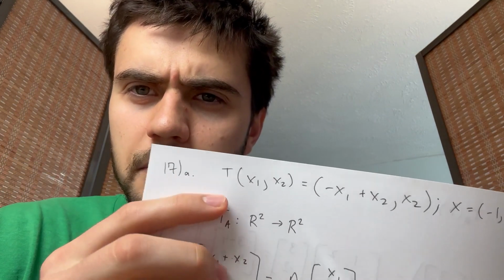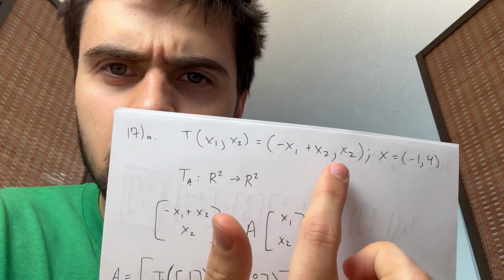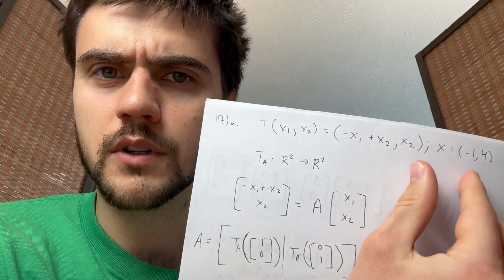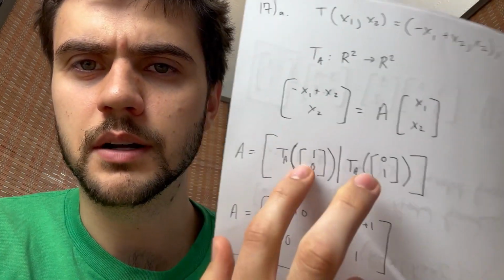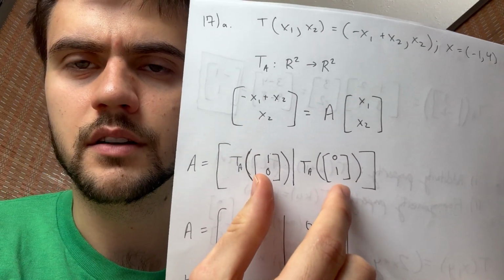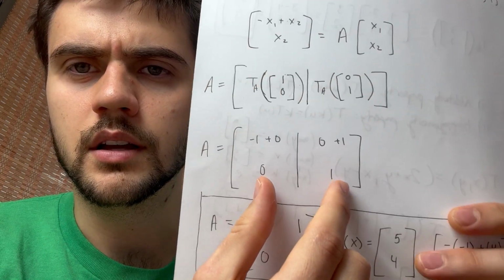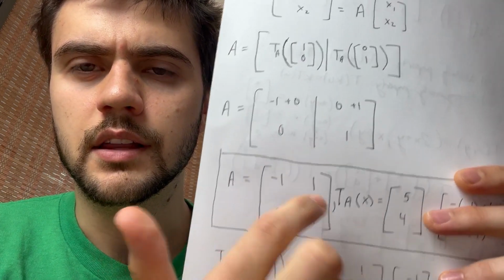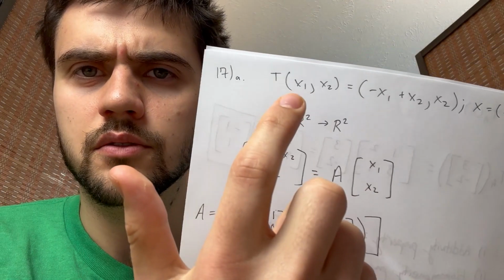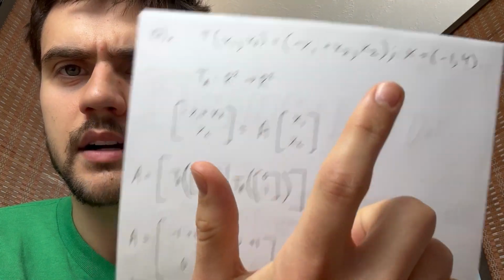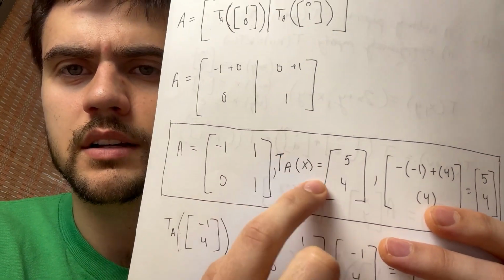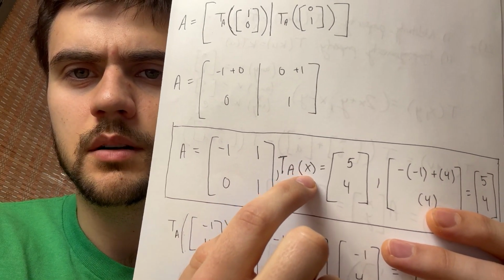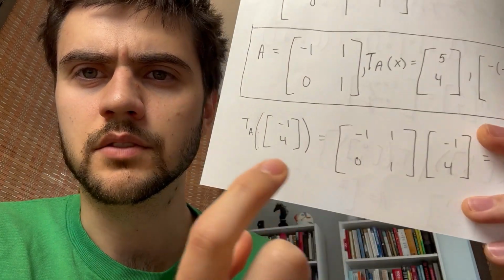So next is 17a. 17a gives us a transformation here, and then it gives us an actual literal vector x. It wants us to first find the standard matrix, which I do by partitioning the standard basis vectors, and then solving for A, and then using A to solve for this x.